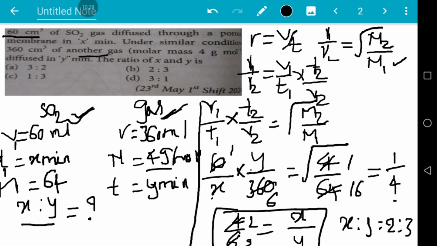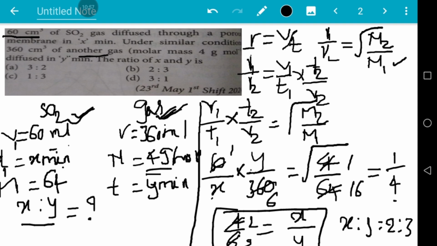So here, what they gave is two gases: one is SO2 and another gas. They didn't say what the gas is, but they gave that gas's molar mass, 4 grams per mole, and its volume, 360 ml, and time Y minutes; SO2 volume is 60 ml, and it diffused in X minutes. Then we can calculate the molar mass, and then X is to Y. Based on the rate of diffusion we can calculate like this.